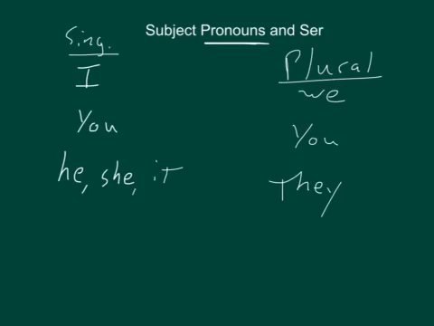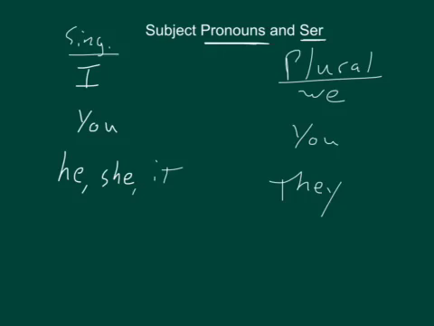Paying attention to subjects is important because each subject has its own conjugation. Not quite so much in English, but in Spanish that's definitely true. You must match the verb ending with the subject. One thing that might illustrate this in English would be the verb to be, which is actually the verb ser in Spanish, and we will be looking at that a little bit later.